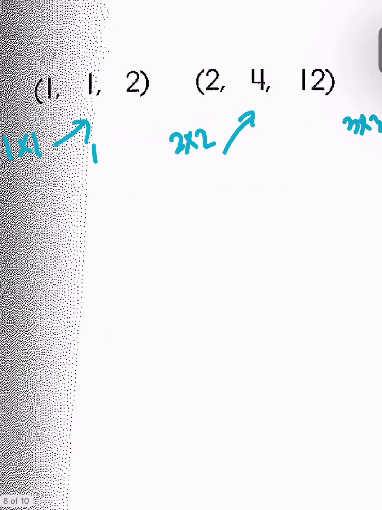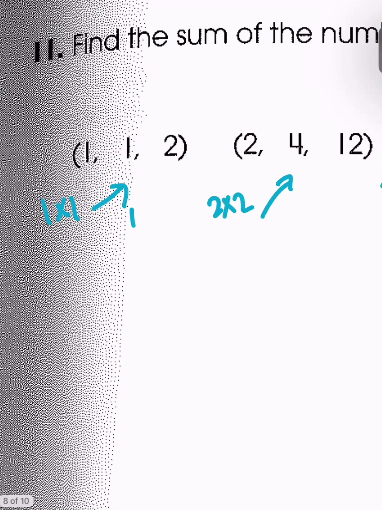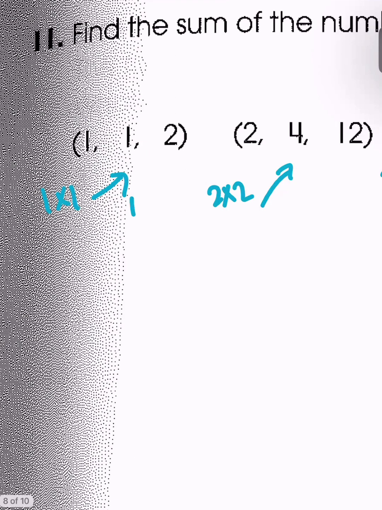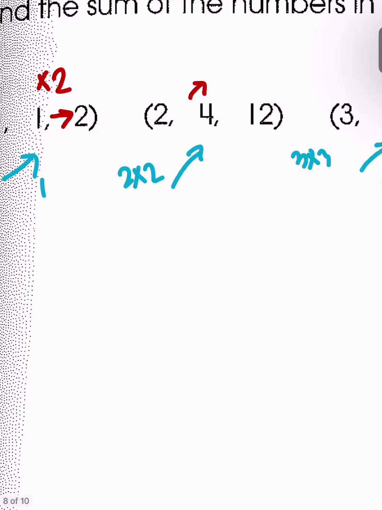But then to get to the third number, what we do is multiply the second number with a number that is 1 greater than itself.